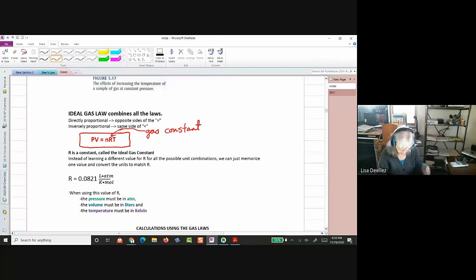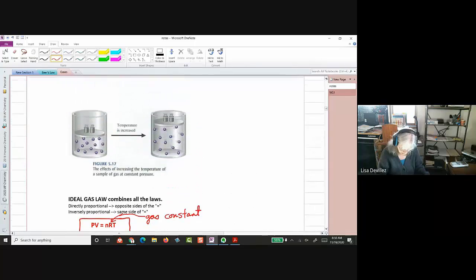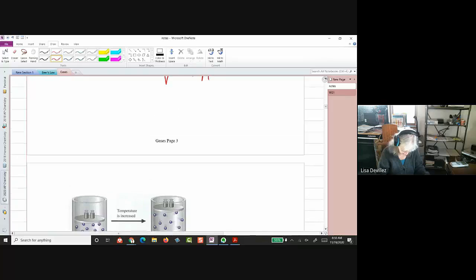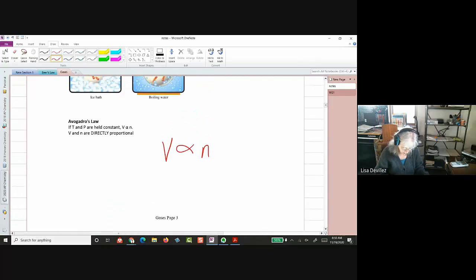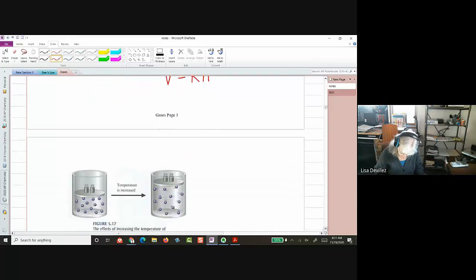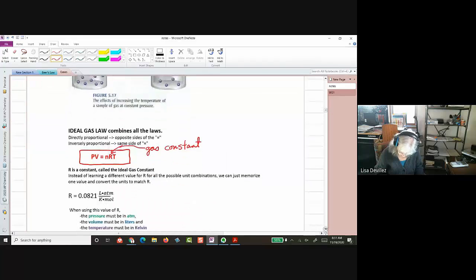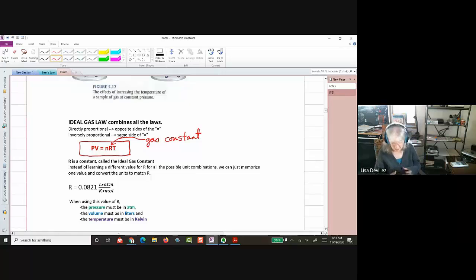And that comes into play in that, if we go back up to one of my proportional statements, where you have this proportional symbol, if I want to translate that into an equals, I have to have some kind of a constant, because V is not equal to N, V is proportional to N. So that means that V is equal to some constant, I'll use K, times N. And so that's where that R value comes in: when I combine all of those proportional relationships, I have to have some constant in there.